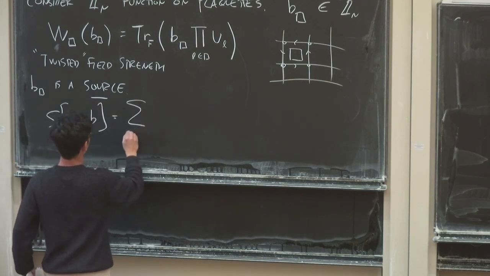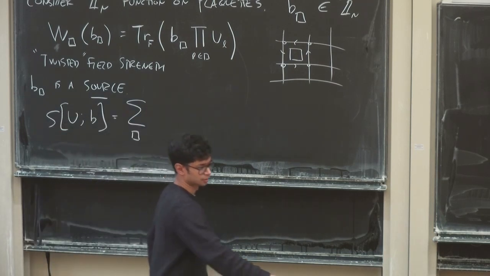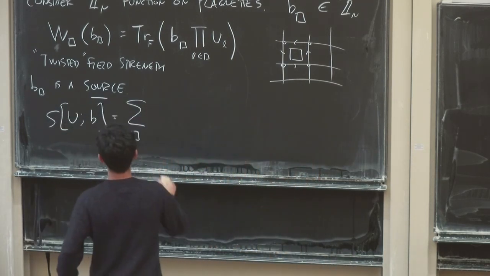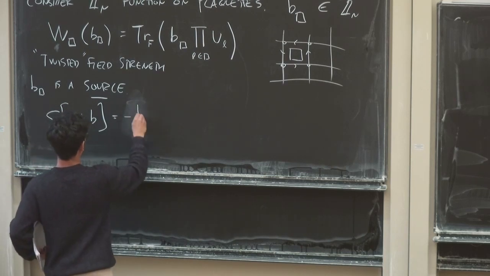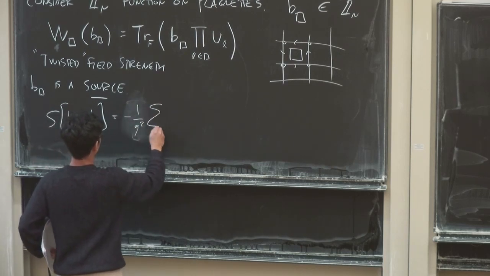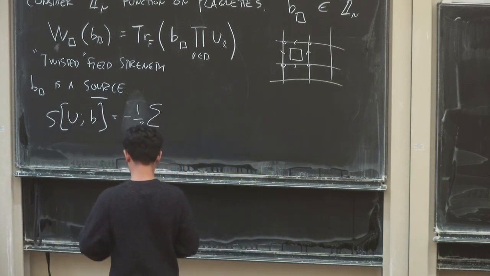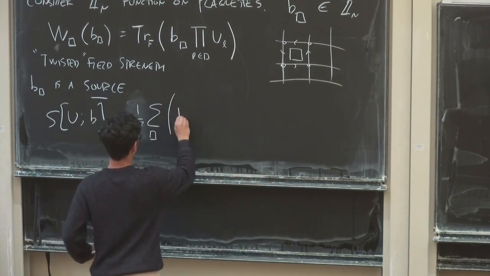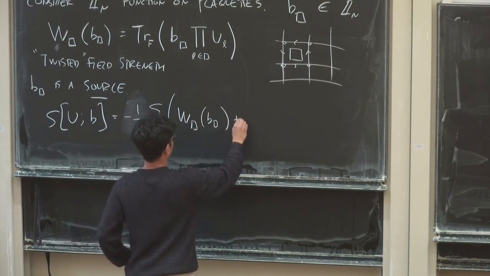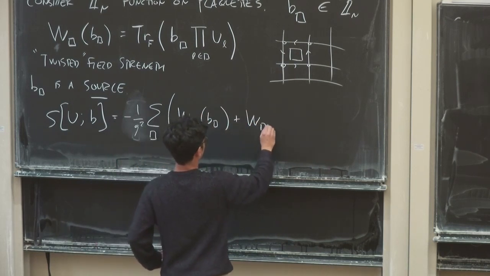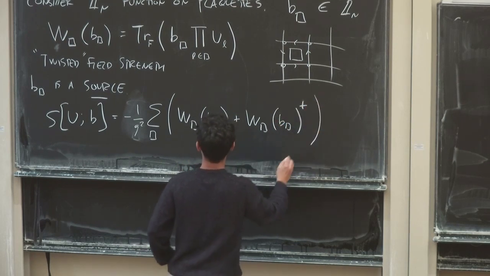So that is, again, a sum over the plaquettes, minus 1 over g squared, sum over the plaquettes, dagger.